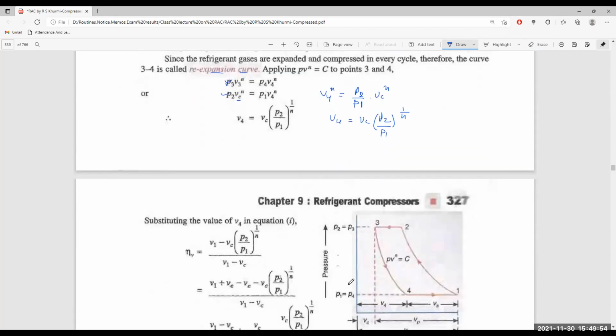Substitute the value of V4 in equation 1, where the efficiency is (V1 minus Vc (P2 by P1) to the power 1 by n) divided by (V1 minus Vc).